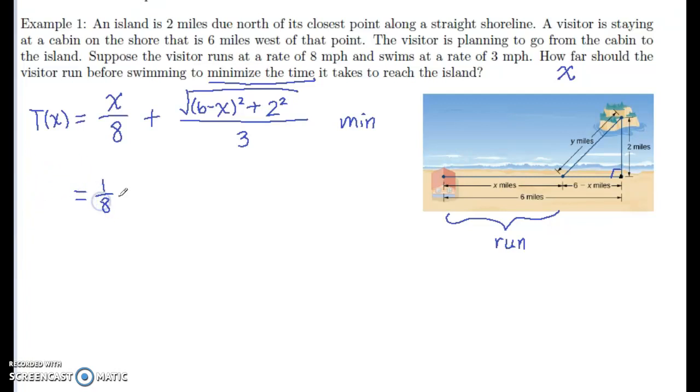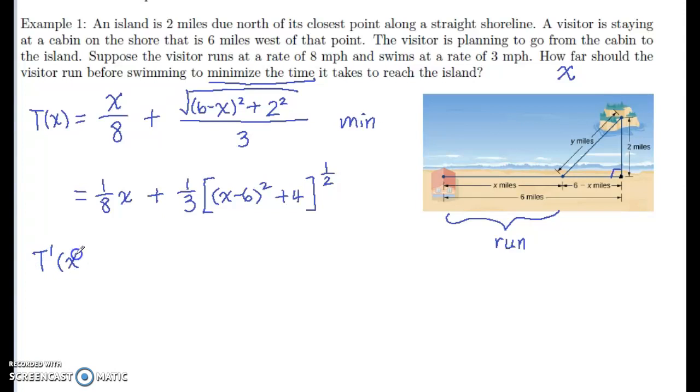So it's (1/8)x plus 1/3 times... instead of 6 minus x, we can write x minus 6, because when you square 6 minus x and x minus 6, it's the same, since 1 squared is the same as -1 squared. Plus 4, and this is to the 1/2 power. So we change it to the power form. Then we can take the derivative.